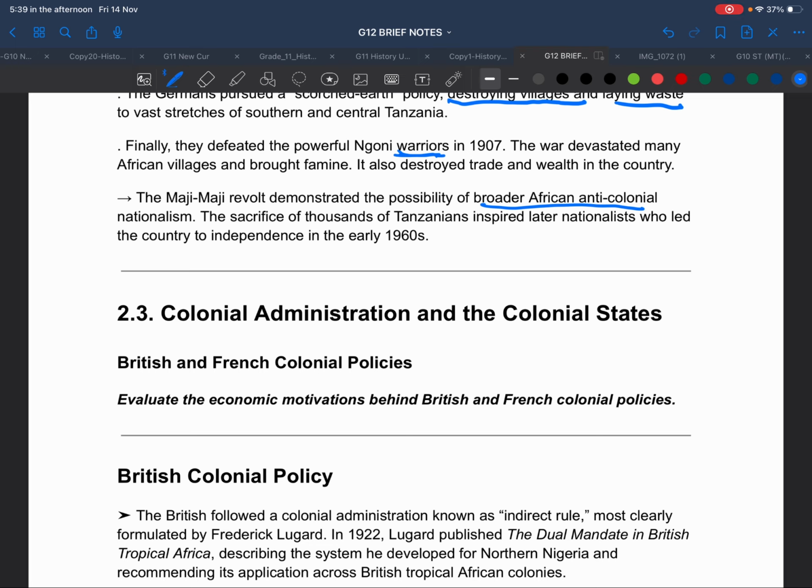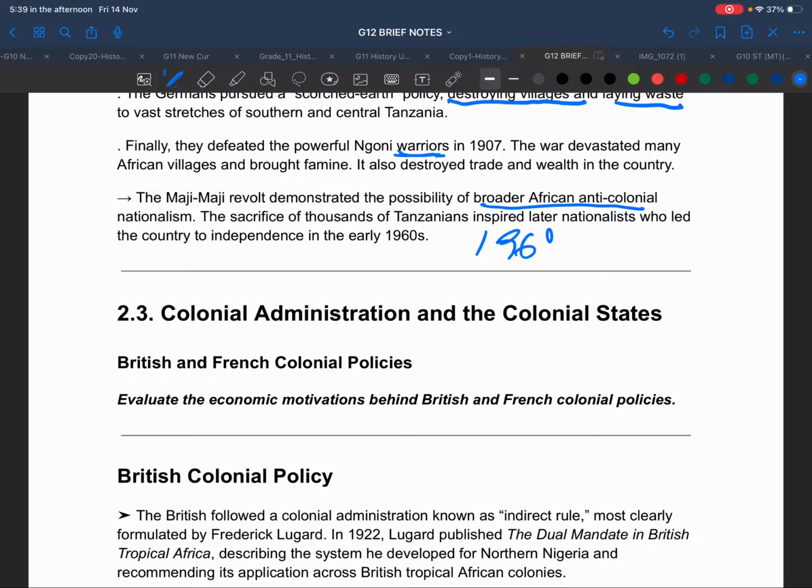It was background history, a motivational event. The Maji Maji revolt was a basic factor inspiring the Tanzanian freedom fighters to stand for national independence.